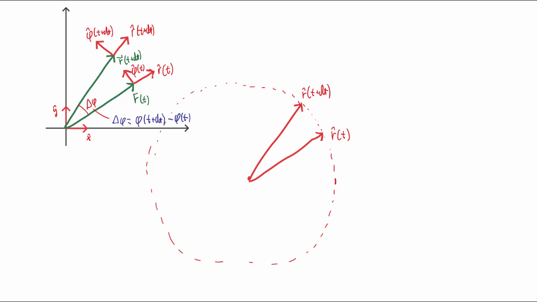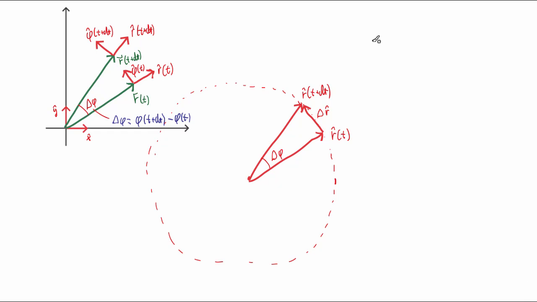I'm going to draw here delta r, actually delta r hat, the difference between r hat at time t and r hat at t plus dt. And the angle here between the two is of course going to be the same as the angle between the two position vectors here. So this is delta phi.